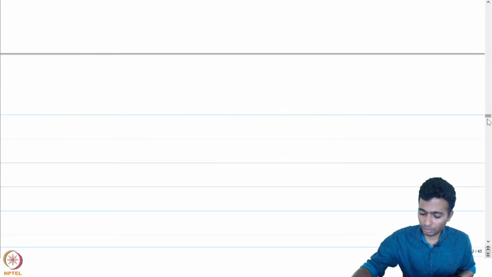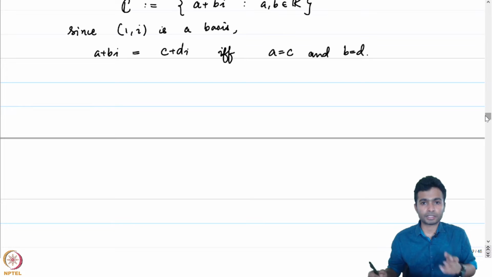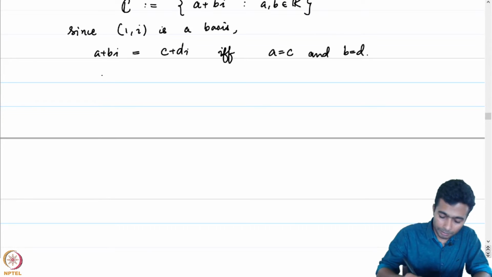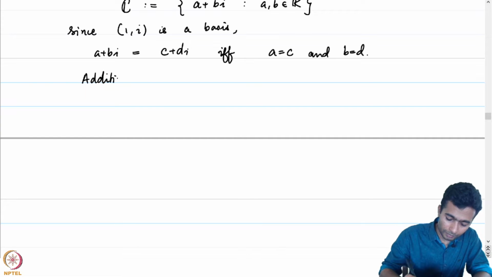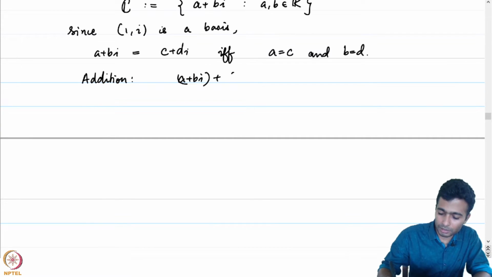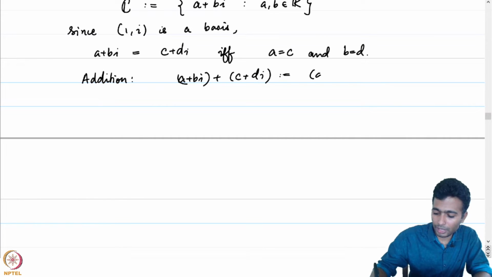We even have an explicit expression for the addition and multiplication. So addition, what was the addition? a plus bi plus c plus di is equal to a plus c plus b plus d times i.